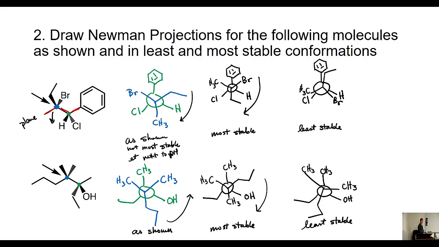Questions, comments? I have a question. When you're looking at the Newman projections and we're doing the substituents, are the propyls and ethyls larger because of the number of carbons?